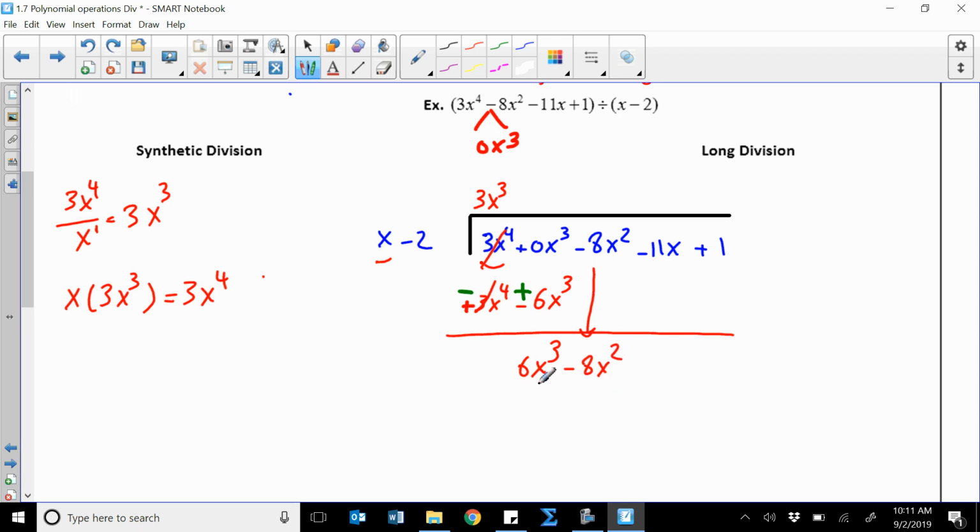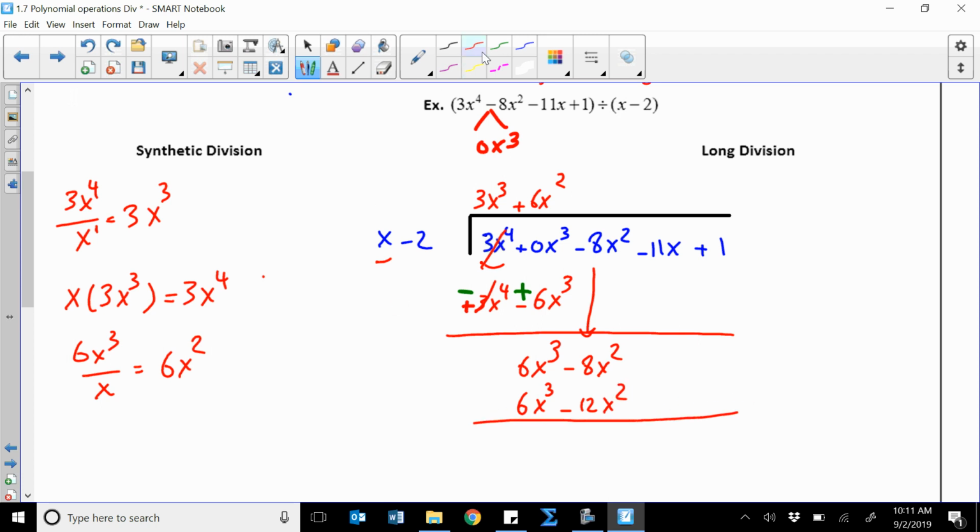Now I divide the first term by the first term here. What is 6x cubed divided by x? That's 6x squared. So I'm going to write 6x squared here. Then multiply that by these terms in the divisor. 6x squared times x is 6x cubed, and times negative 2 is negative 12x squared.